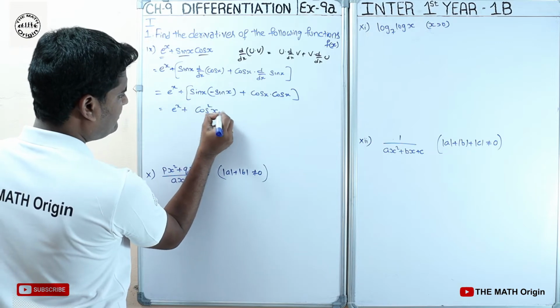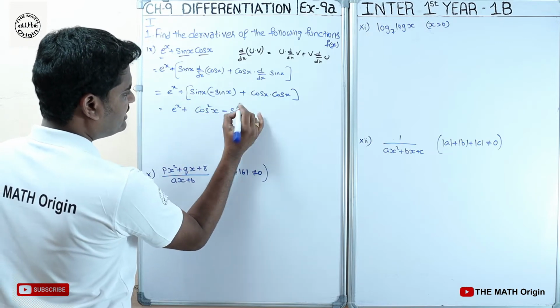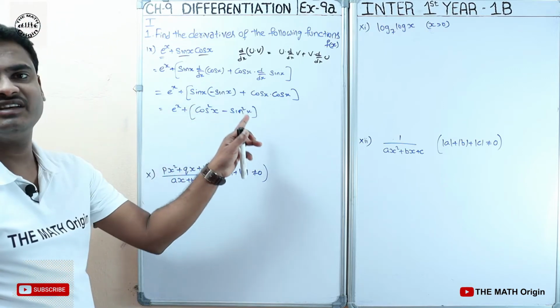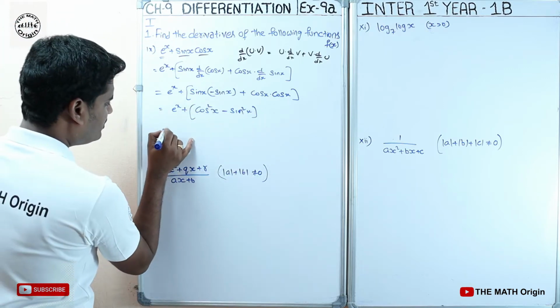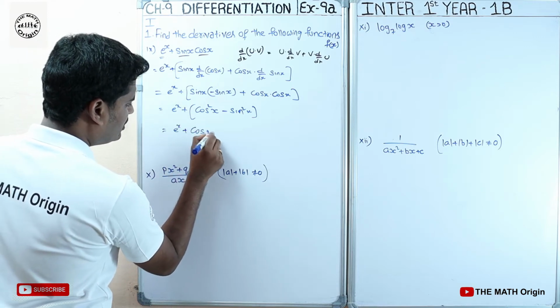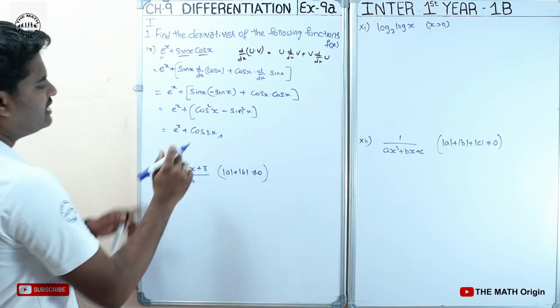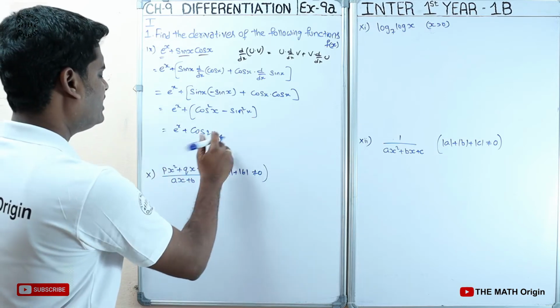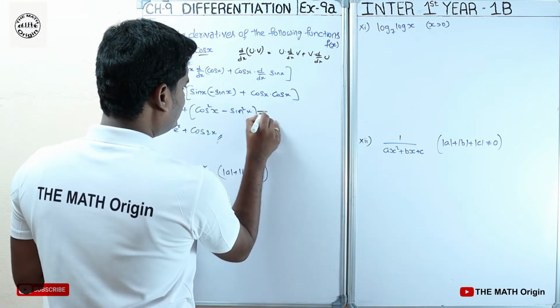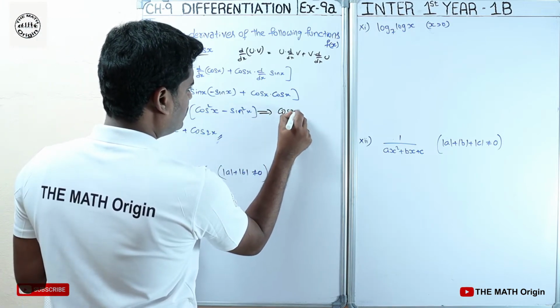Cos square x minus sin square x is cos 2x. Therefore that is equal to e power x plus cos 2x, the differentiated equation of the given question. Here this value is cos 2x.